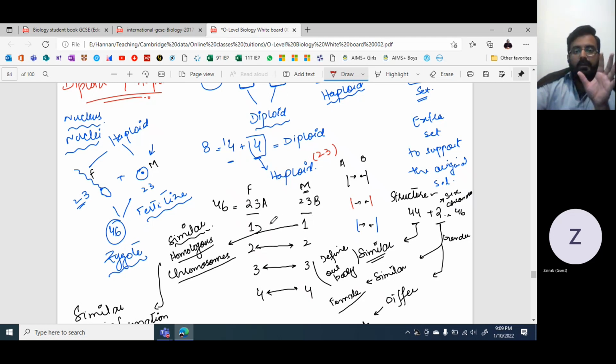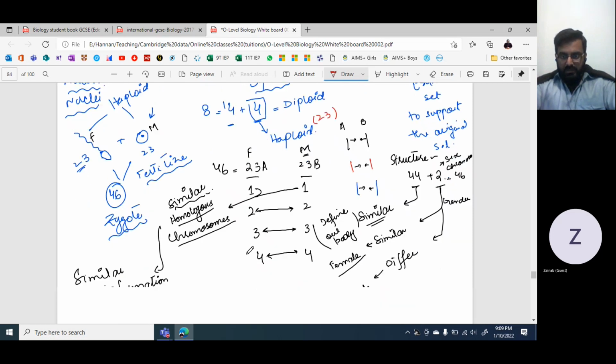We had an example: if we have a single set of red, black and blue markers, and there is another set of red, black and blue markers, then black is similar to the black of the other set, red is similar to the red of the other set. Similarly, the first chromosome of the 23A set would be similar to the first chromosome of the 23B set, so these would be called the homologous chromosomes. So this was another concept.